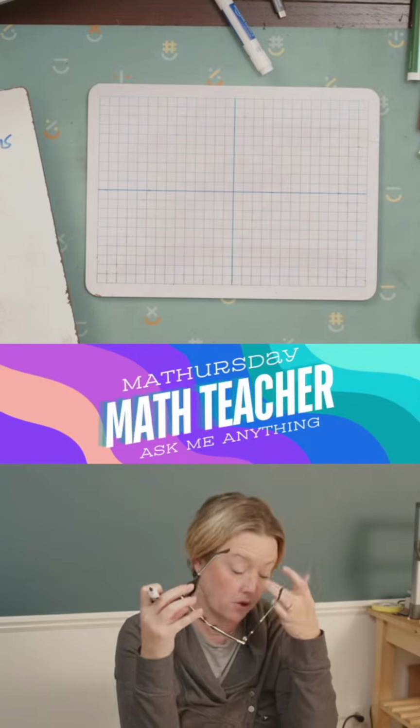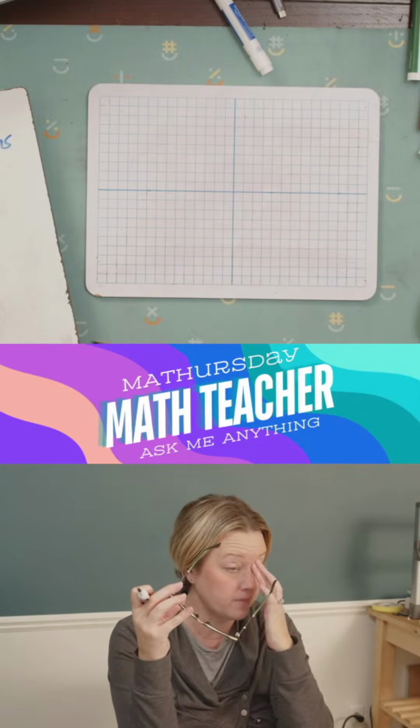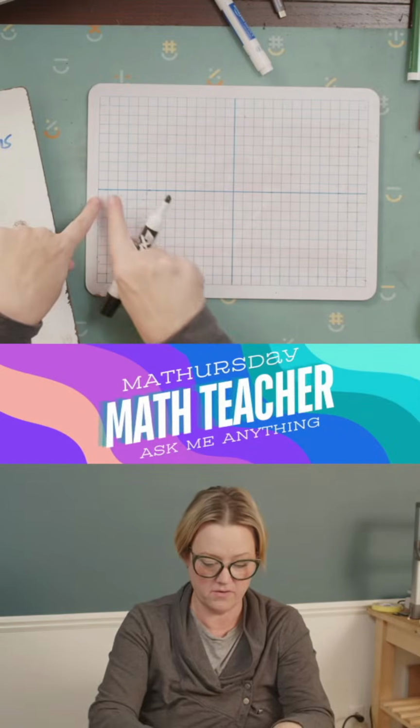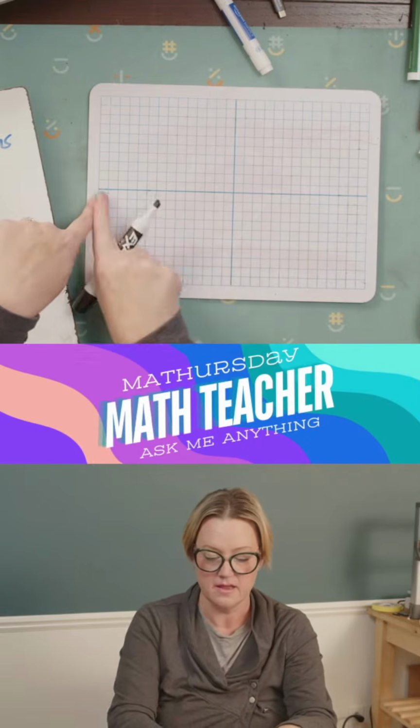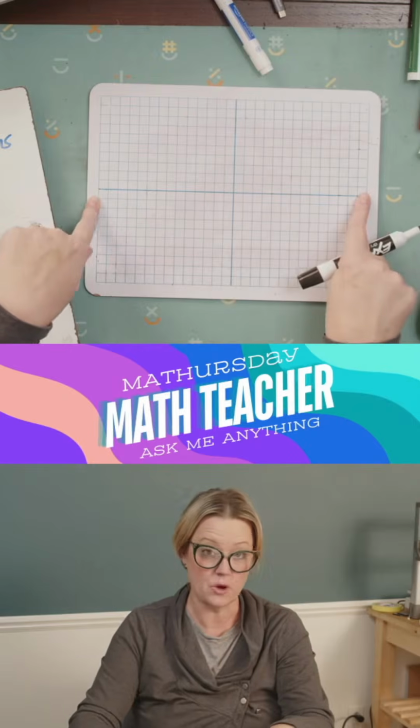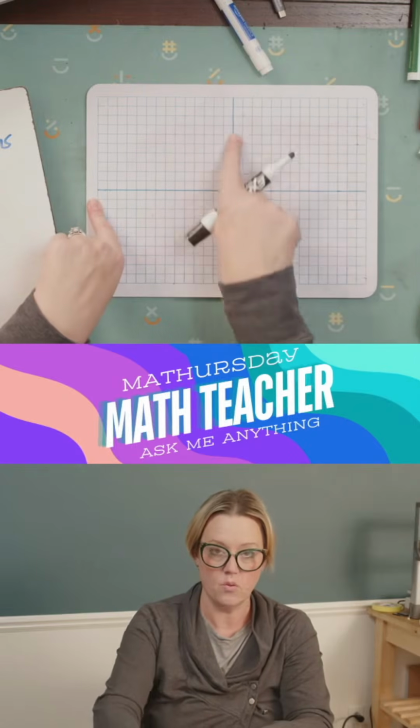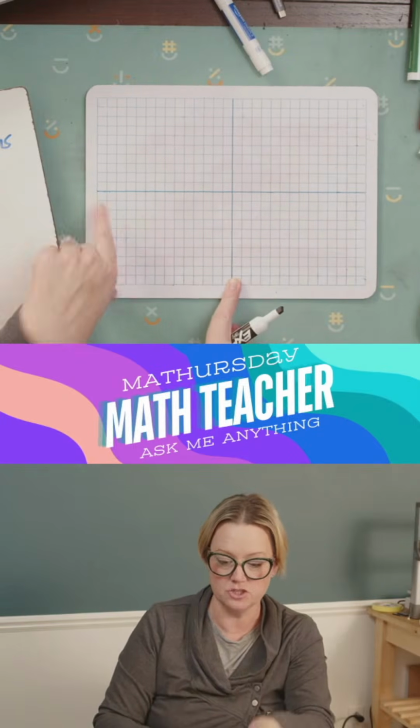Okay, so here we've got the coordinate plane, right? We've got the x-axis and we've got the y-axis. The x values are all the domain. The y values are all the range, okay?